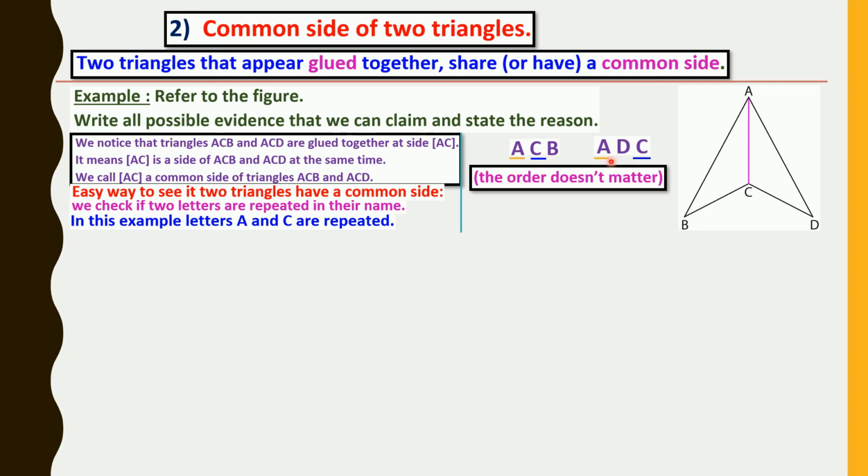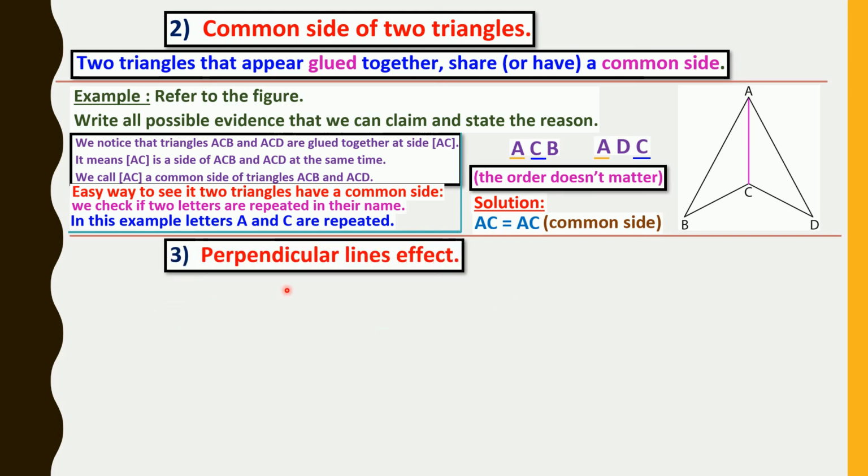They don't have to be consecutive after each other. So it means that the side AC is a common side. Solution. The side AC of the triangle ACB is equal to the side AC of the triangle ACD, and the reason is common side. So this is the only evidence that we can claim.